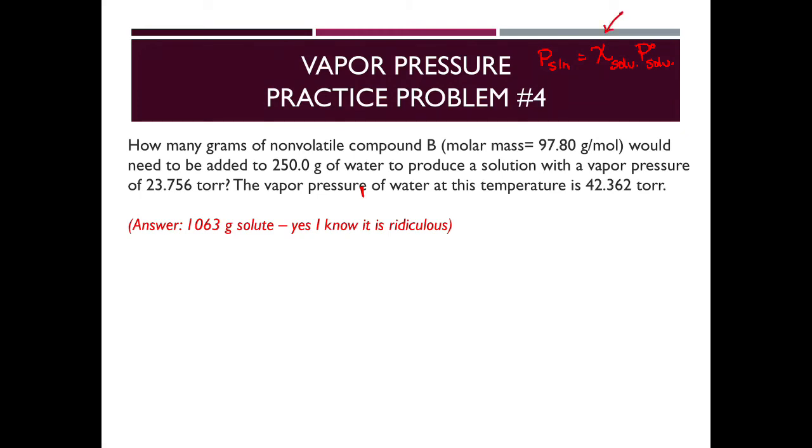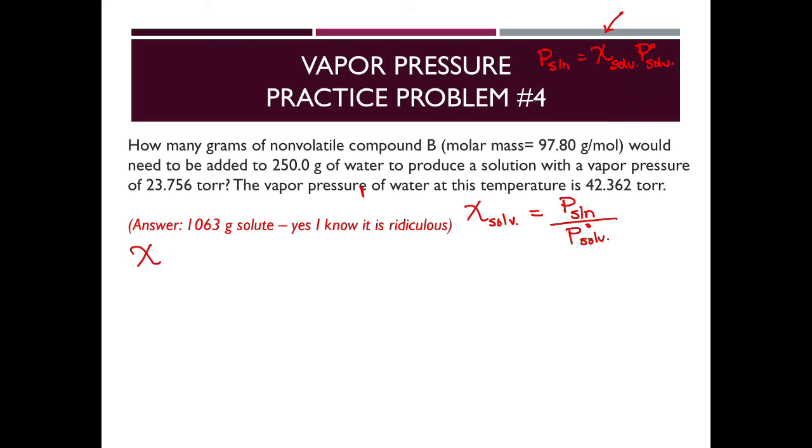We have the normal vapor pressure, and we have the vapor pressure that we want, and we're trying to figure out how much of our solute we need to add to get there. So we're going to solve for the mole fraction of our solvent, which is the vapor pressure of our solution over the normal vapor pressure of our solvent.